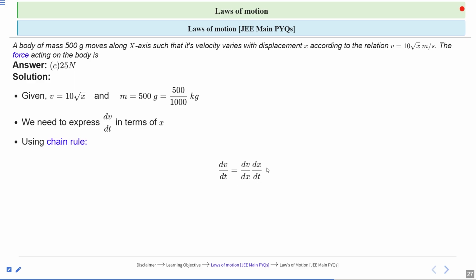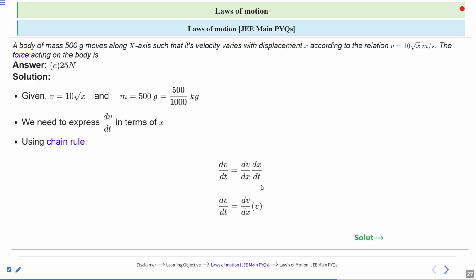There is no effect of x overall. Listen carefully. This dx upon dt, the rate of change of position, is velocity. So we can say dv upon dt is equal to v into dv upon dx. Yes or no?